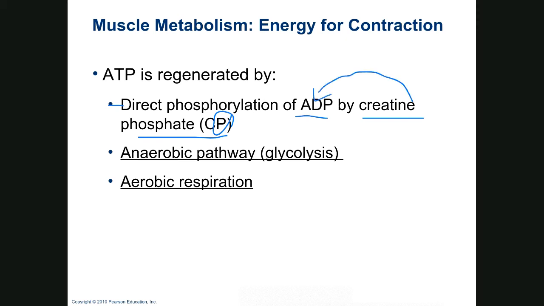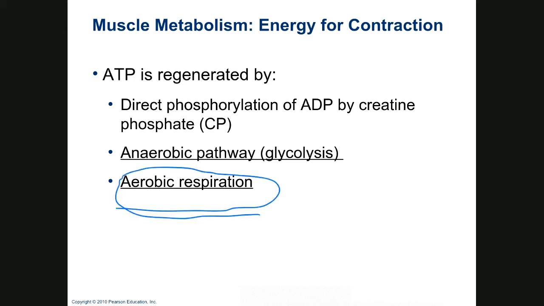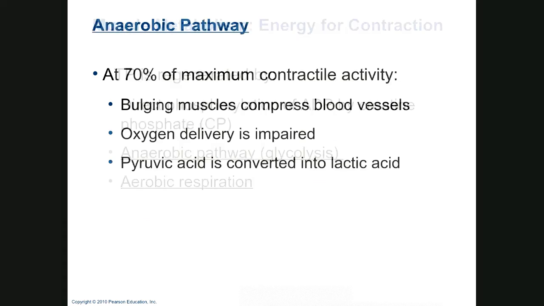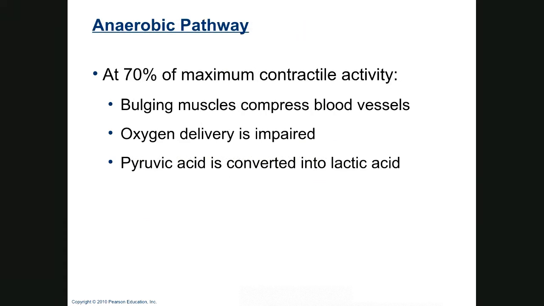At that point, after you've used that up, you're going to have to use aerobic respiration, which is burning fuel, just combining with oxygen, or when you run out of that, the anaerobic pathway or glycolysis. Now, we start with anaerobic, even though your body starts with aerobic. The book likes to be contrary.